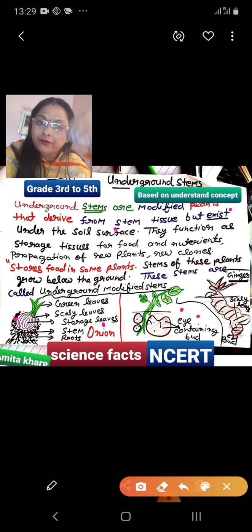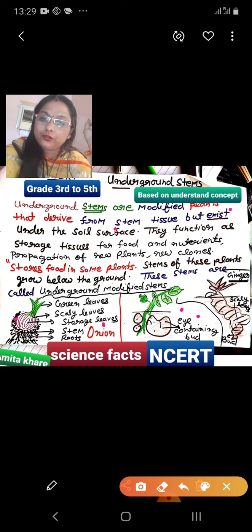These stems are found under the soil surface and grow downwards under the soil. So these stems found under the soil are called underground stems.